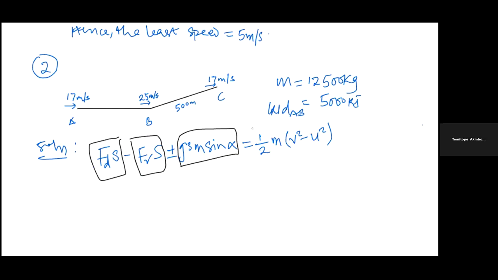Kinetic energy, potential energy, resistance, work done against resistance, work done by driving force.